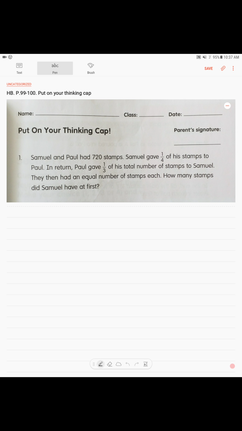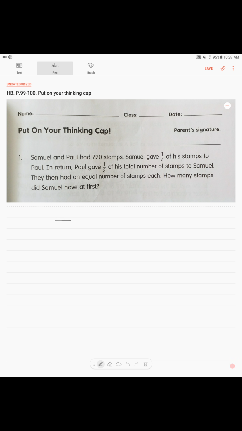Good. Two things right away. Samuel and Paul had 720 stamps, so nothing changed. There were no stamps lost or new stamps coming in. 720 is always staying. And the first thing they tell us is they had an equal number of stamps each in the end.